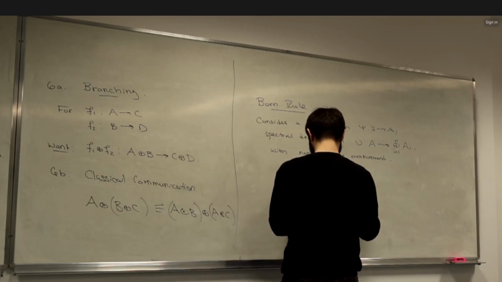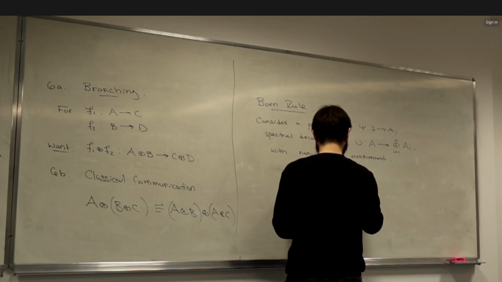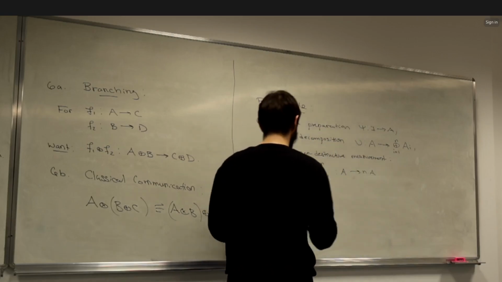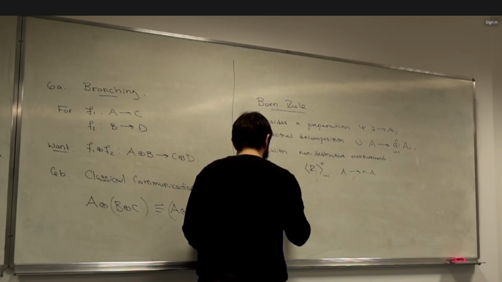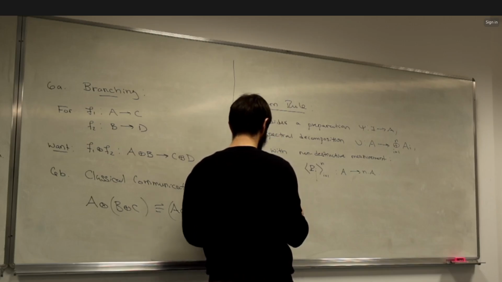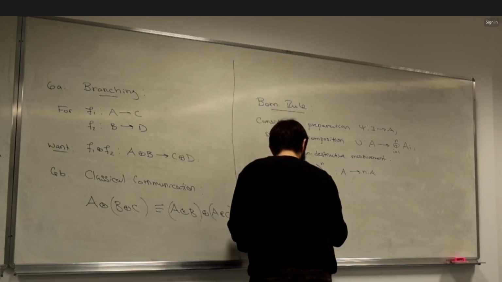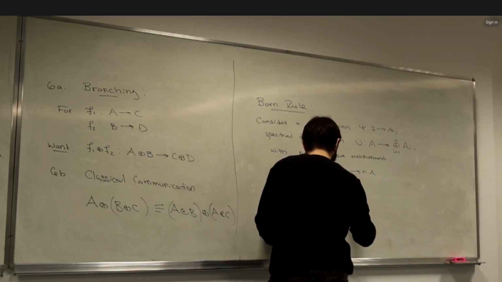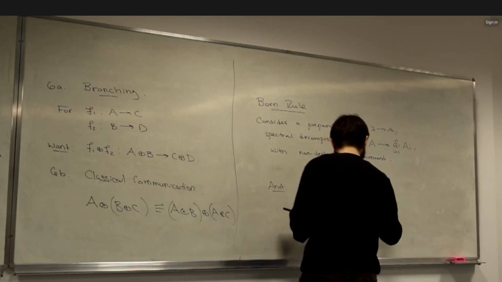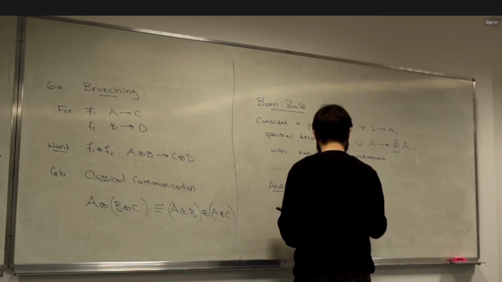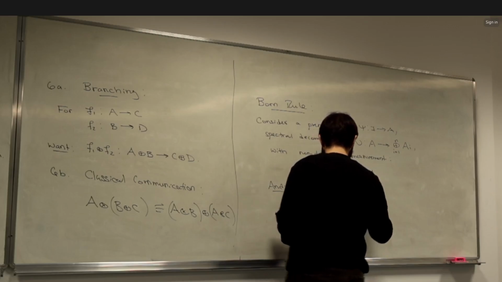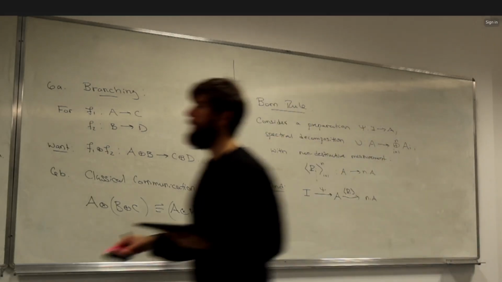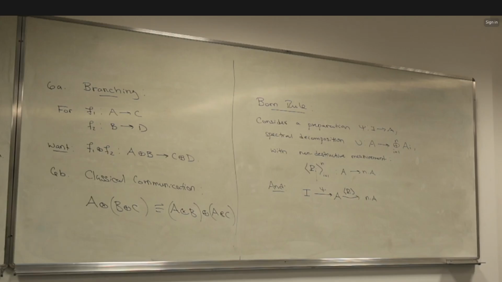One of A and A, and we consider the following protocol, which is I psi to A to N dot A. And we're going to introduce the rule for computing probabilities.